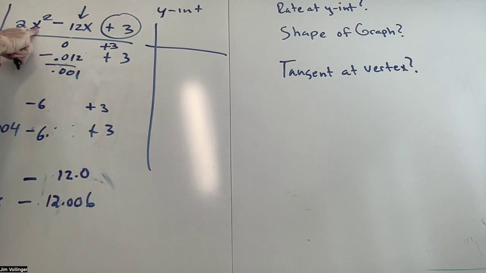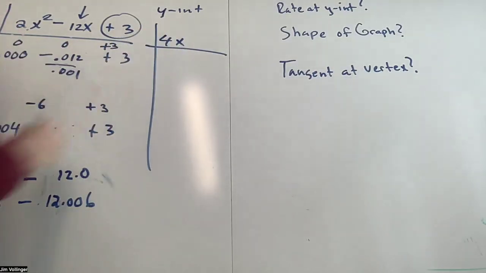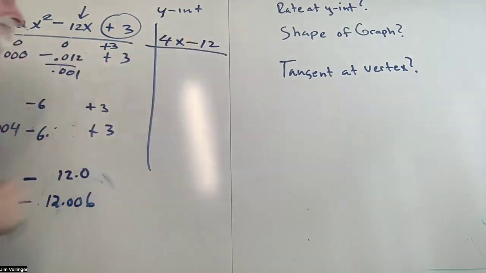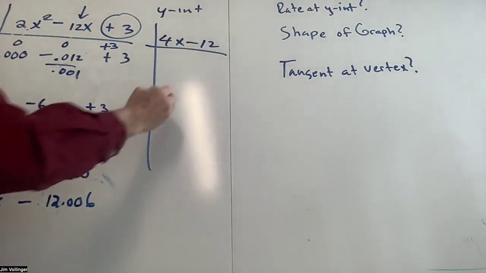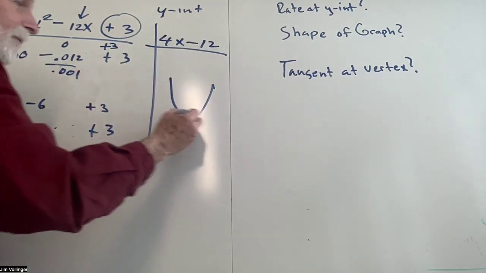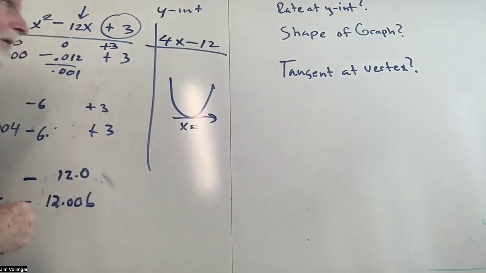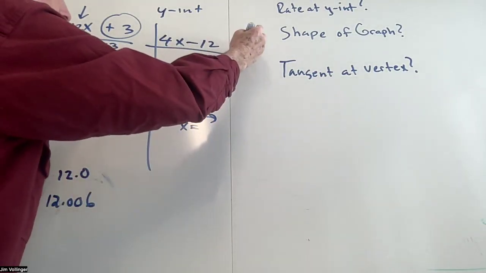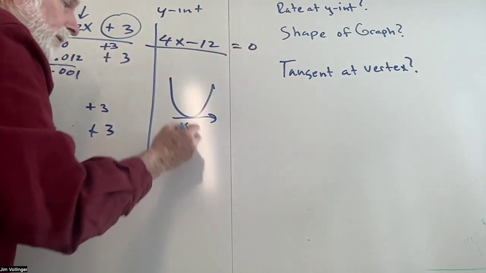But at x equals 1, I'm going up at 2 to 1. But if I'm doubling that, I'm really going up at 4 to 1 when x is 1. And I know that that's constant change. And if I want to find, again, I got cup shape up. If I want to find that x value, well, the slope of the tangent is 0. Sure seems like that's a 3.